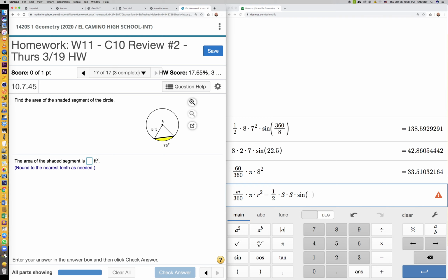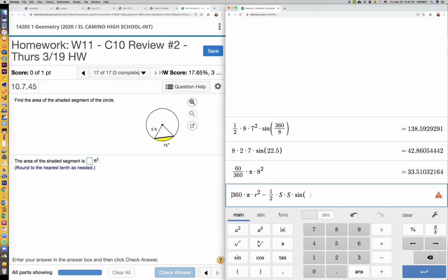So in this problem, the measure of the arc is 75 degrees. So over here I change to 75 over 360. Pi r square, r happens to be only 5.